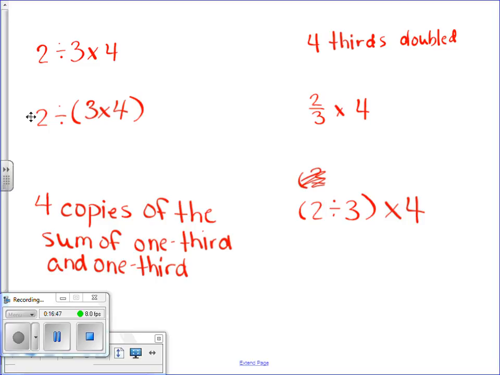So 2 divided by 3 times 4, you end up with 8/3. That's why you're not supposed to have mechanical pencils. Equals 2 2/3.